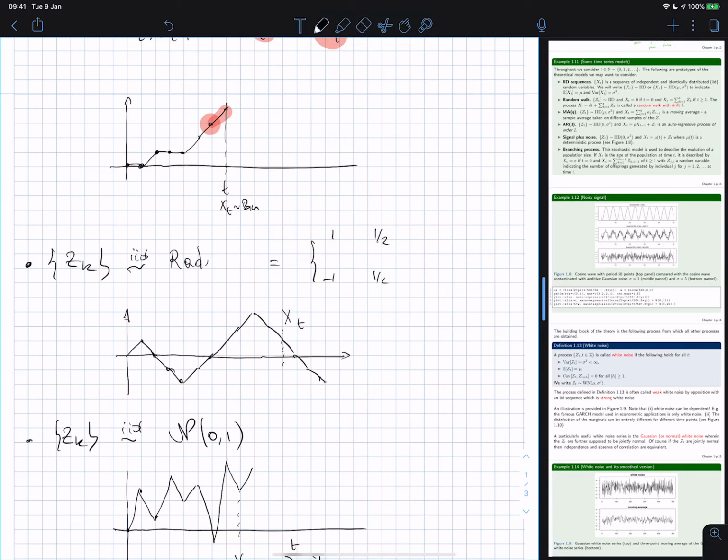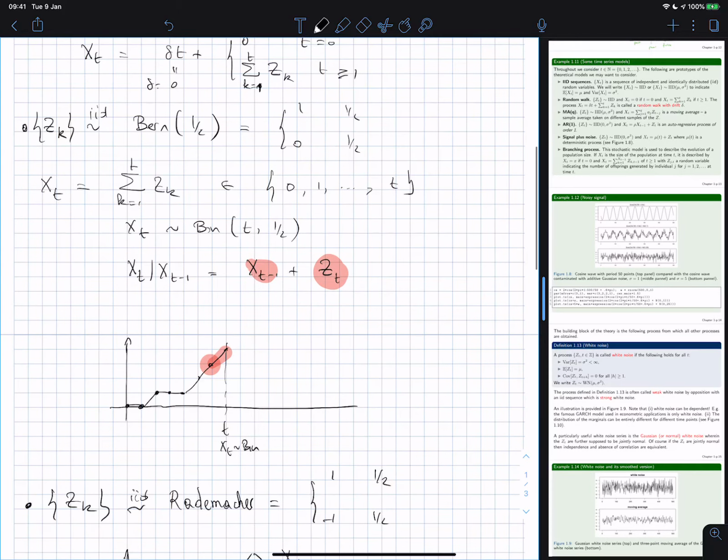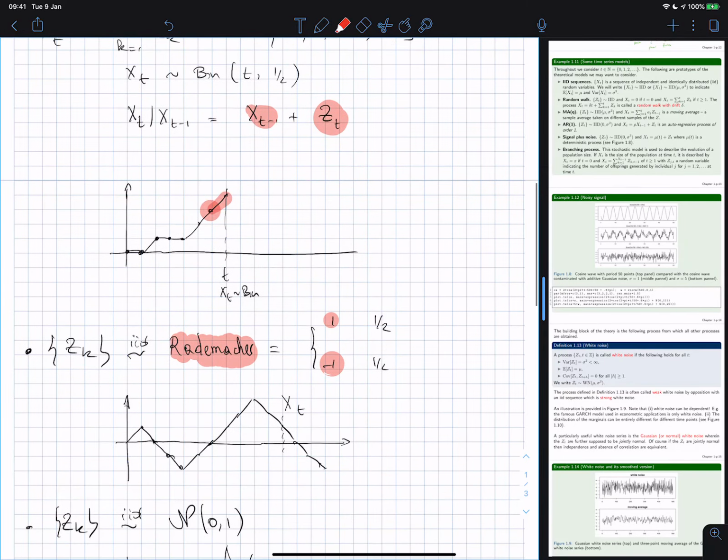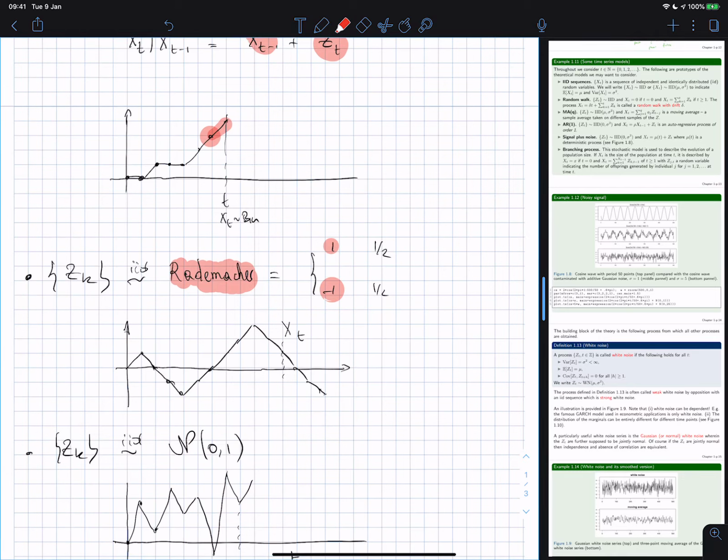It's one of the binary random variables, which is very, very useful. You have the Bernoulli, which everybody knows, it's either 0 or 1, and the Rademacher is the equivalent of the Bernoulli, but it's -1 and 1. So it's also a coin toss, but instead of having 1s and 0s, you have 1s and -1s.